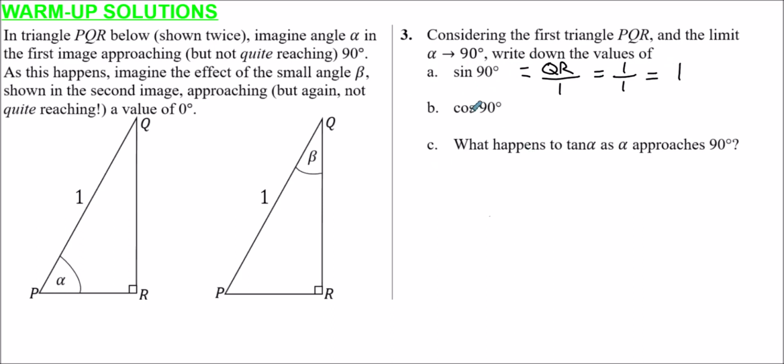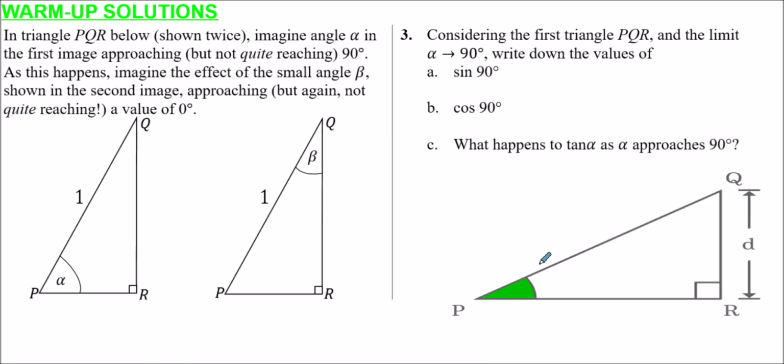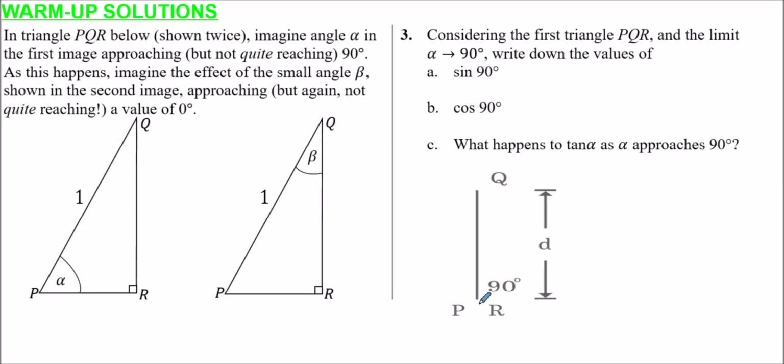In a similar way, the cosine of 90, cosine is the adjacent side, which is PR, divided by the hypotenuse, which is 1. And again, just showing you the image, have a look at what happens to PR as alpha gets closer and closer to 90. PR is the bottom side. We can see here it shrinks down to 0.